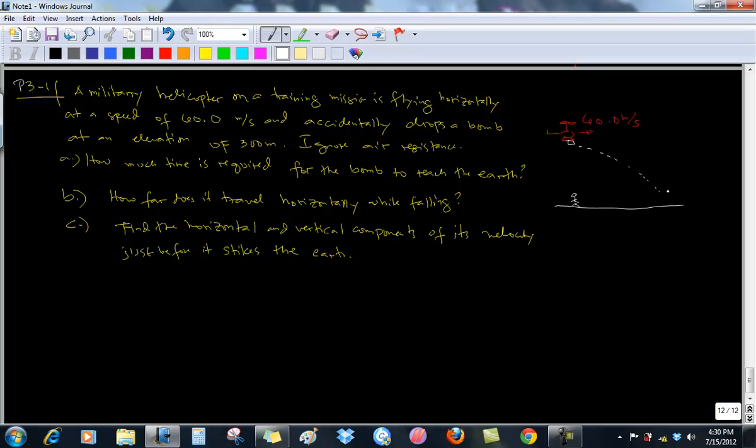Okay, and the question here: how much time is required for the bomb to reach the earth? So that's the idea of time. Now again, we'll divide the concepts of projectile into motion along x, and also motion along y. So a projectile is just a combination of these two motions.